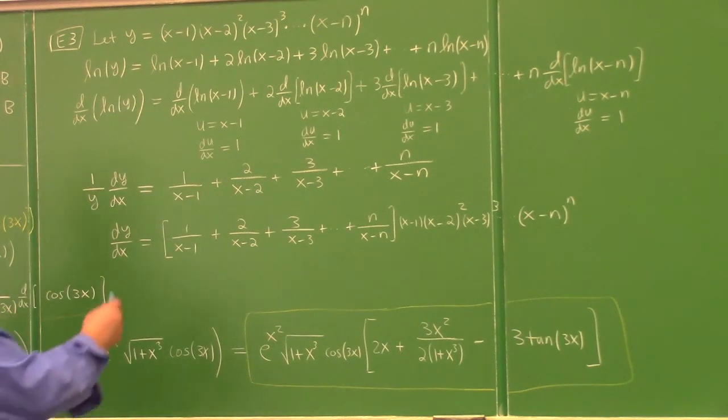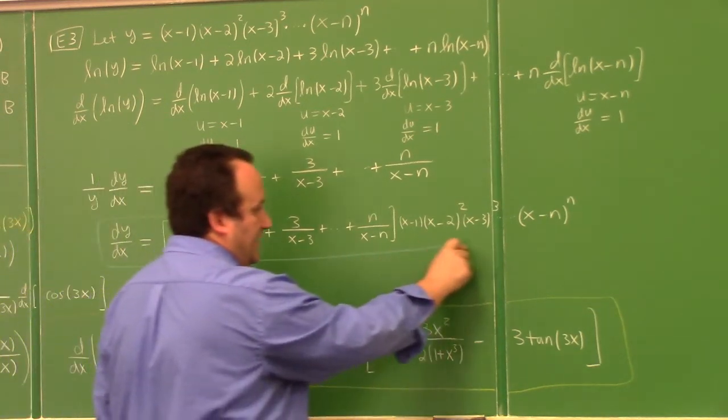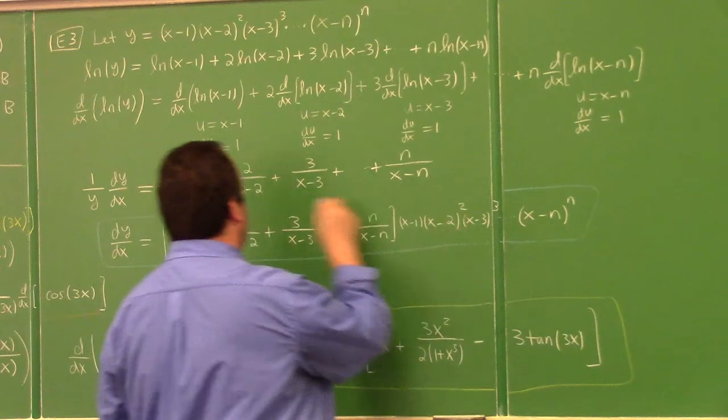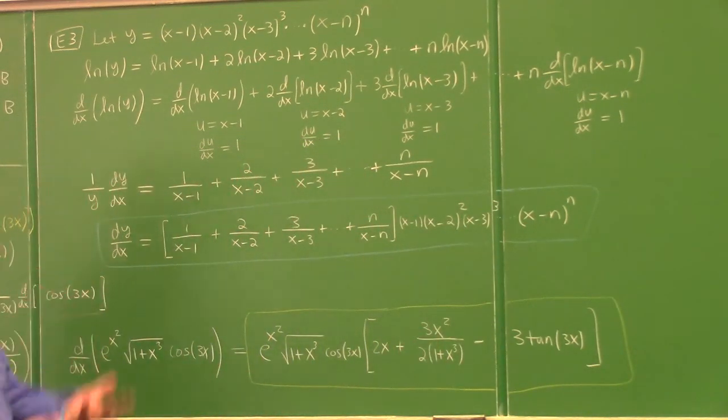I hope you would agree with me that using logarithmic differentiation is much preferred over direct differentiation of something like this, right? If you differentiated it directly, you'd have to write out n things, each with n terms.